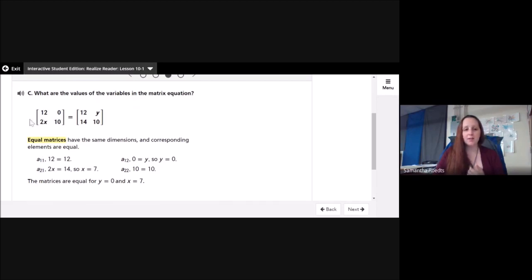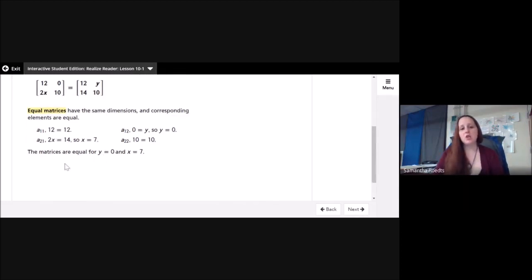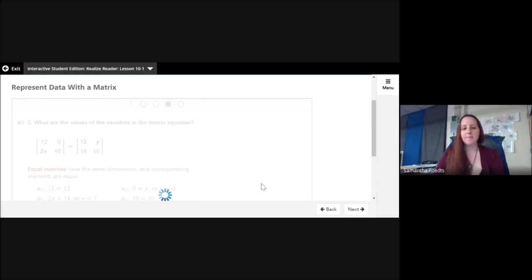A21 is 2x. So remember, second row, first column. So 2x equals 14. That means x equals 7. Here, A12 is 0, and that equals y, so y equals 0. And A22 is 10, which is 10. The matrices are equal for y equals 0 and x equals 7.